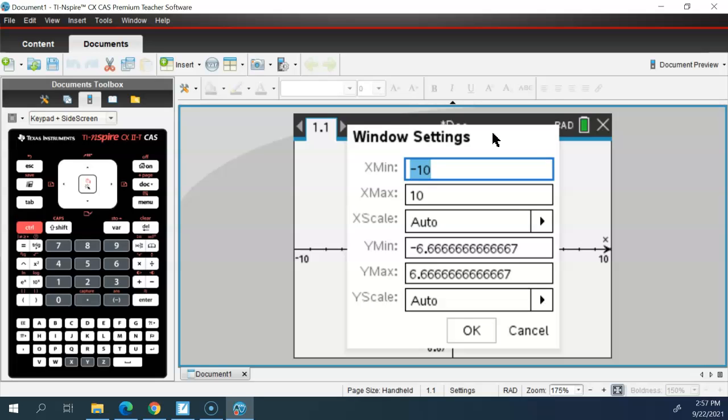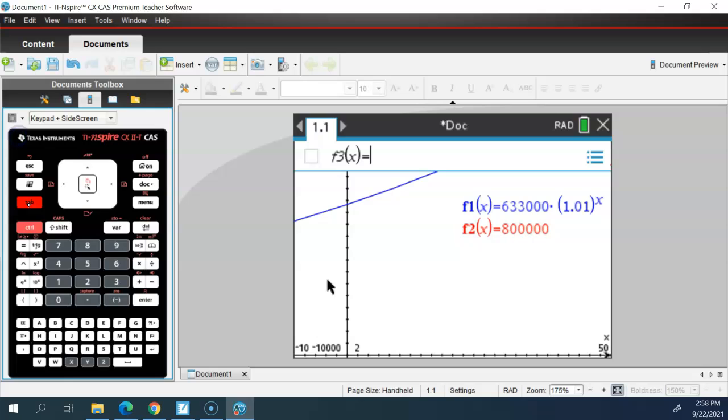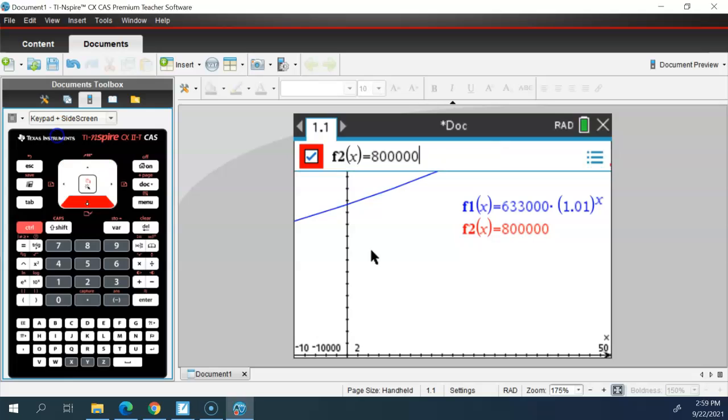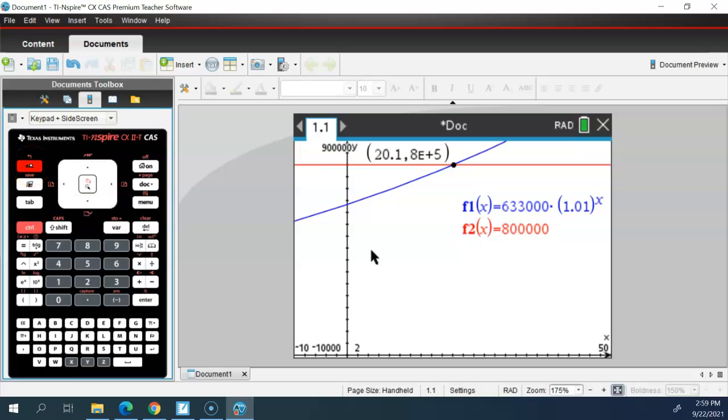Now bringing you back up to speed, there's my equation, typed it in, that's my blue line. My next one, 800,000, that's what I want it to be at, that's my next line. Then I found the intersection of those two.